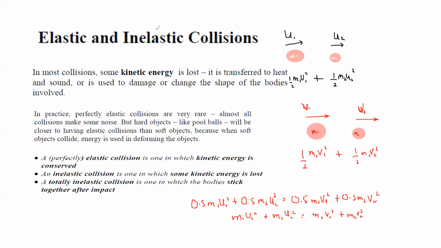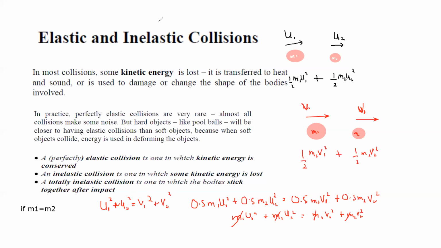Now, if two identical objects are there, if two objects have the same mass, if m1 is equal to m2, in this equation mass 1 and mass 2 are the same, so if I take m common, I can cancel out all the masses. So we can say u1 square plus u2 square is equal to v1 square plus v2 square, because m is common.